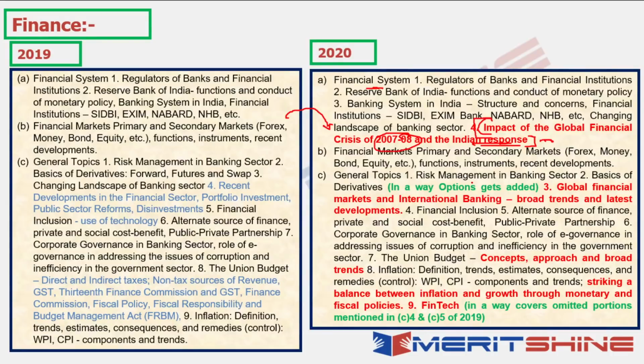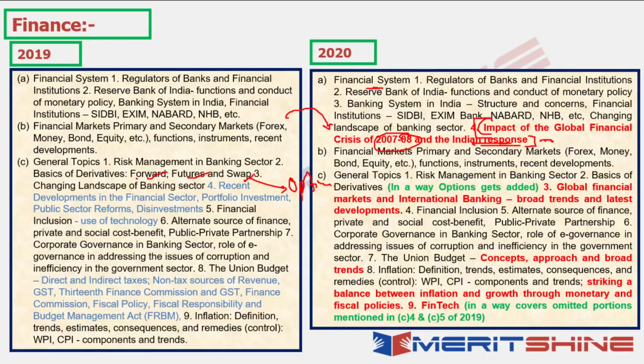Now, risk management in banking sector, basics of derivatives. Here there has been a minor change. Earlier, in basics of derivatives they only mentioned forward, futures and swap, and they specifically did not mention options. But today they have not written anything, they have just said basics of derivatives. Now what can we infer from that?